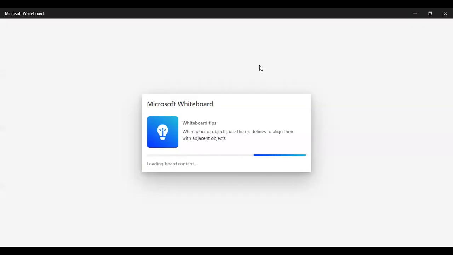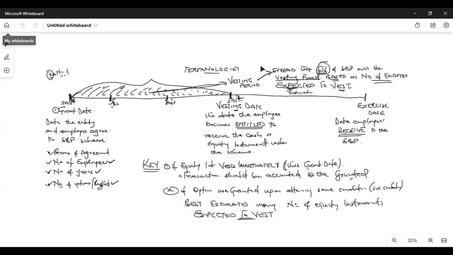All right. Any question? Any question? Any question? All right, if you don't have any question. Sir, please go back to the page before, the last page where we have the cash settled and the equity settled, the fair value.